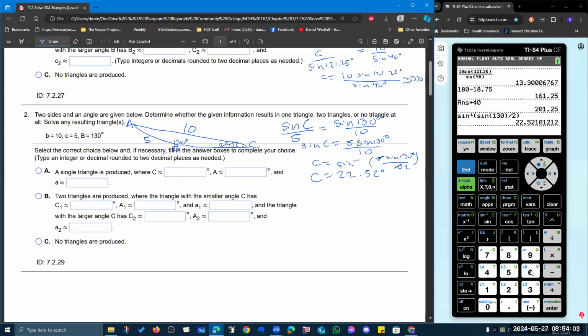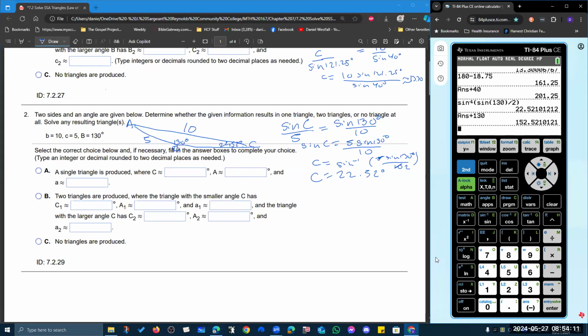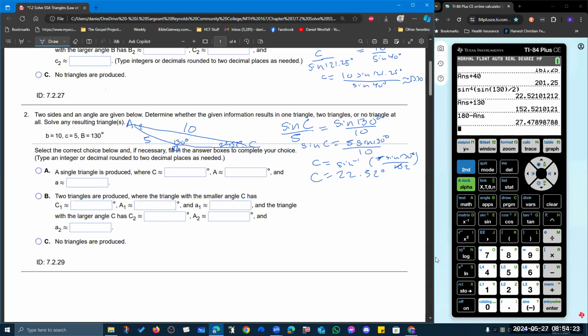So I do have a triangle here. So add 130 to this and do 180 minus that. And that gives us 27.48 for angle A.